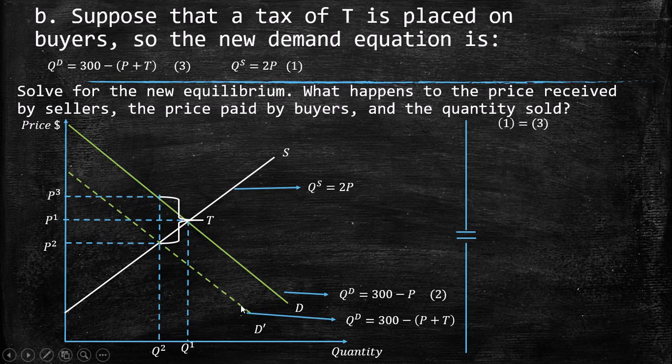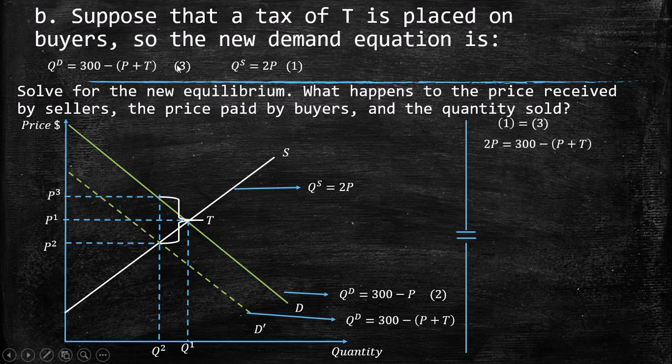What I'm going to find by making these two equations equal is P2 and Q2. Q2 is going to be the quantity that is traded after the tax, and P2 is going to be the money received by producers.